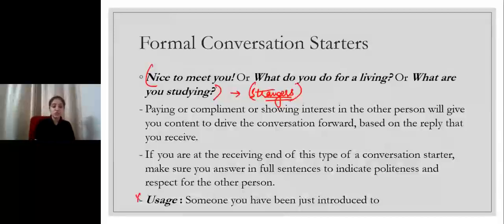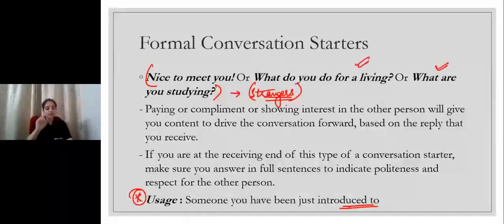As you can see, these sentences can be used in situations when you have just been introduced to somebody or when you are talking to strangers. So, nice to meet you. What do you do for a living or what are you studying? If the person is working, you will ask this question. If he or she is still pursuing studies, you will ask the second question.